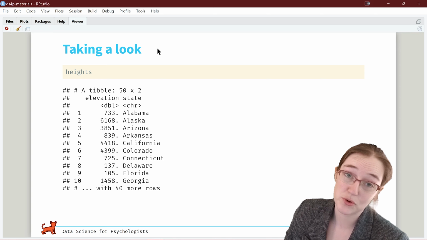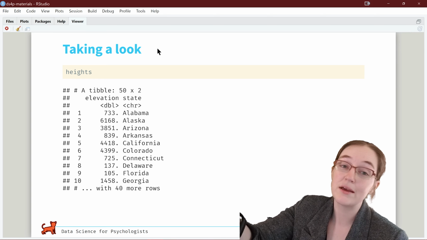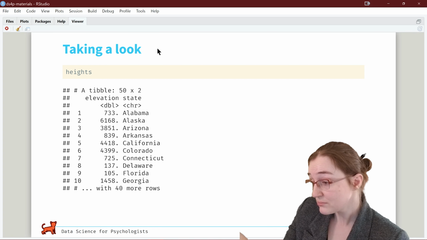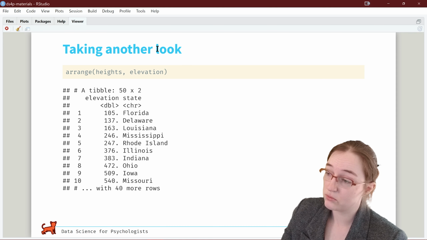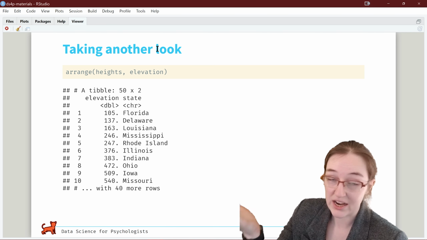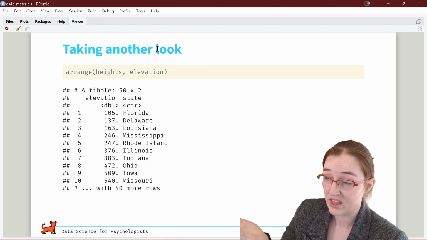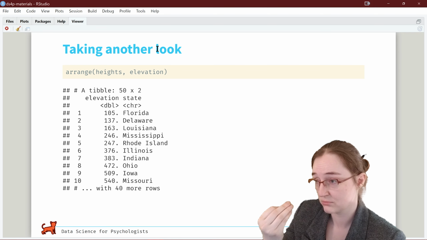A lot of exploratory data analysis and just meanderings in your data are just by looking. So what we're going to do is rearrange our data using the arrange function on our heights data frame, and we'll sort it by elevation.